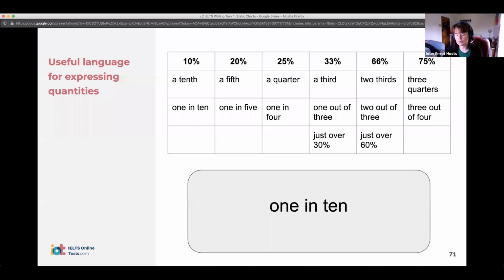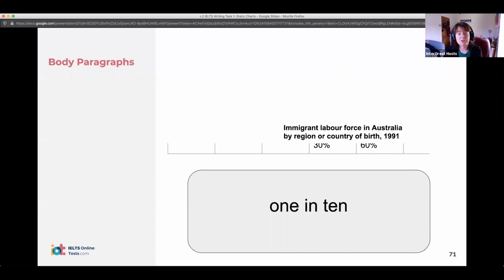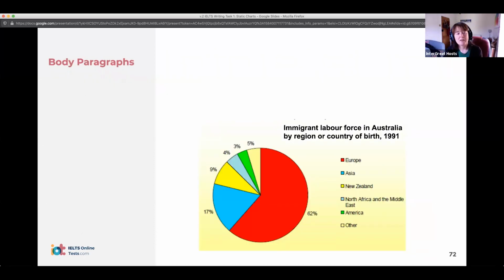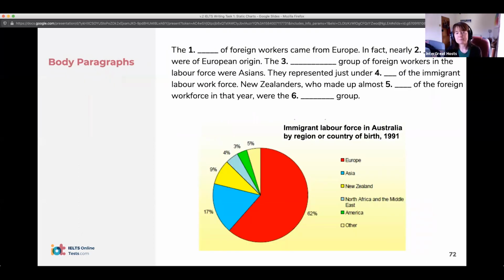Fractions you can use all the time, okay? And it makes a big difference, and it will be very good for your vocabulary score to use fractions rather than percentages all the way through. Okay, so we have our first body paragraph here.